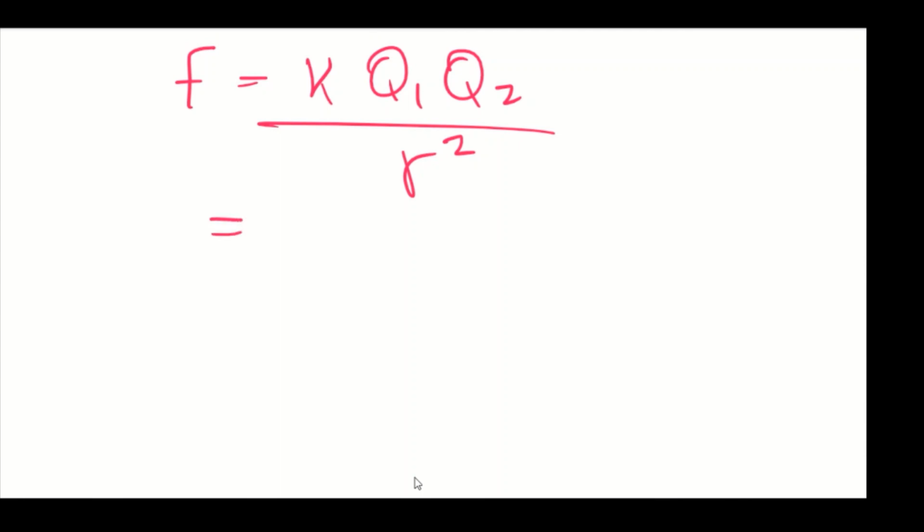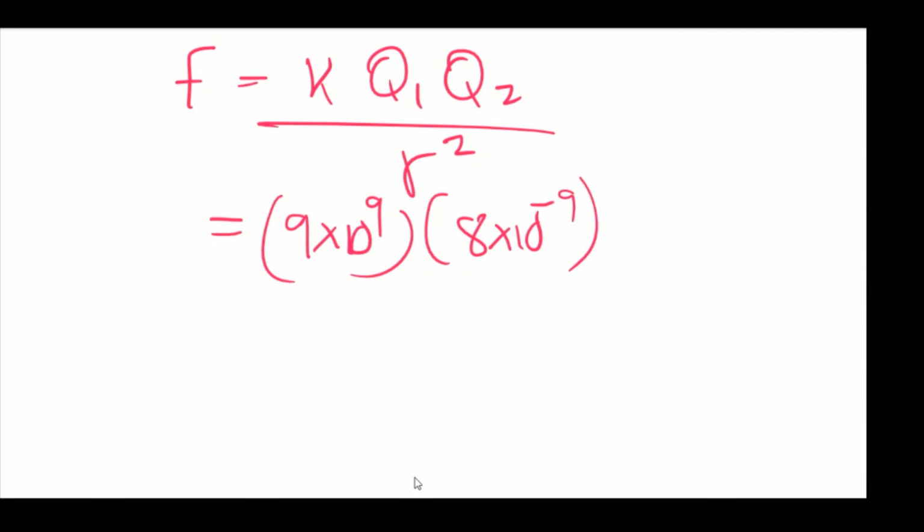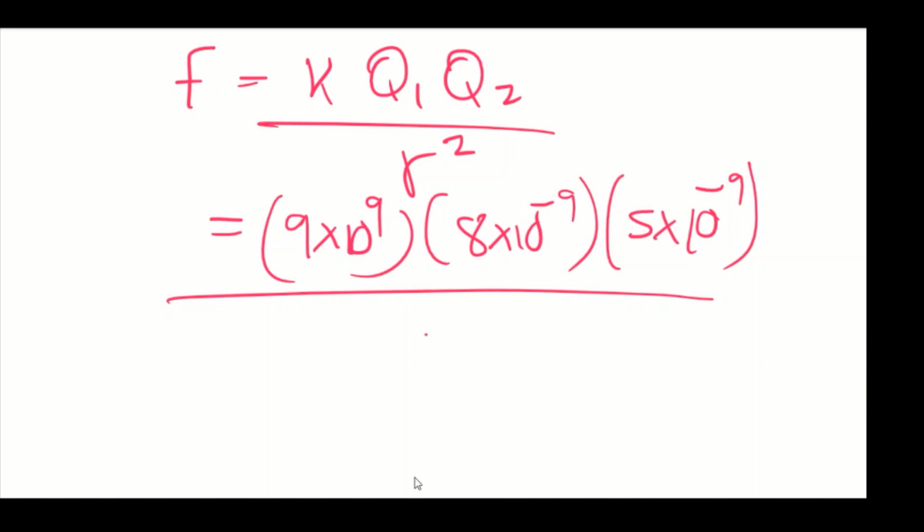We know that k equals 9 times 10 to the power of 9, charge 1 is 8 times 10 to the power of minus 9, and charge 2 is 5 times 10 to the power of minus 9, divided by the distance between them, which is 20 millimeters, which we change into meters by multiplying by 10 to the power of minus 3, all squared.